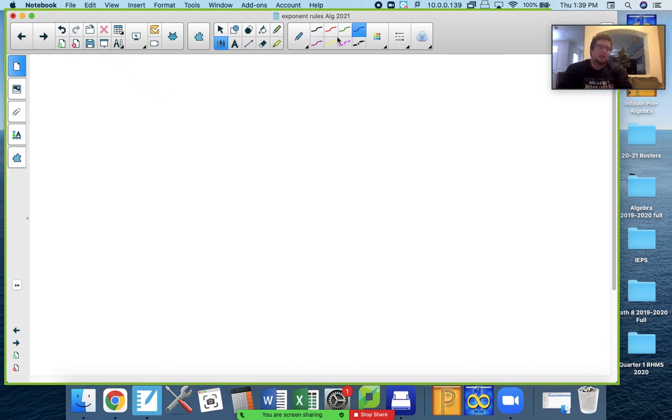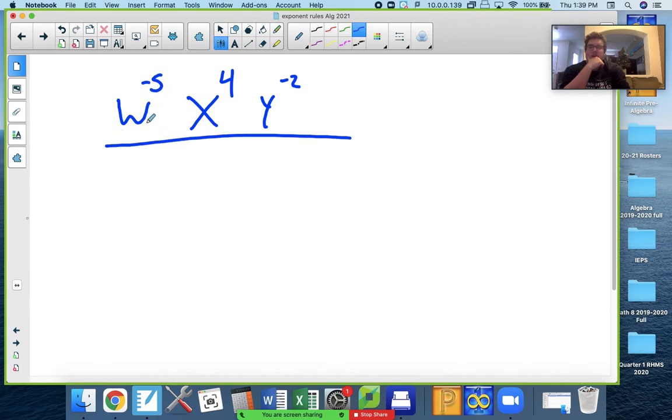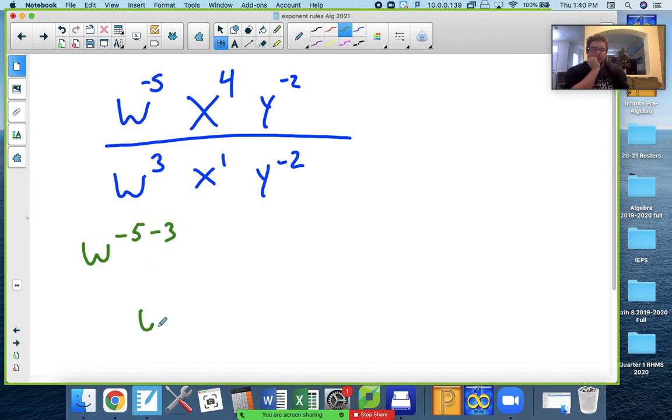Now adding in negatives to the initial part of the problem. X to the 4th, y to the negative 2, w to the negative 5th, and let's say w3, x to the 1st, y to the negative 2. Quotient rule says we're going to take the top power, subtract the bottom power.